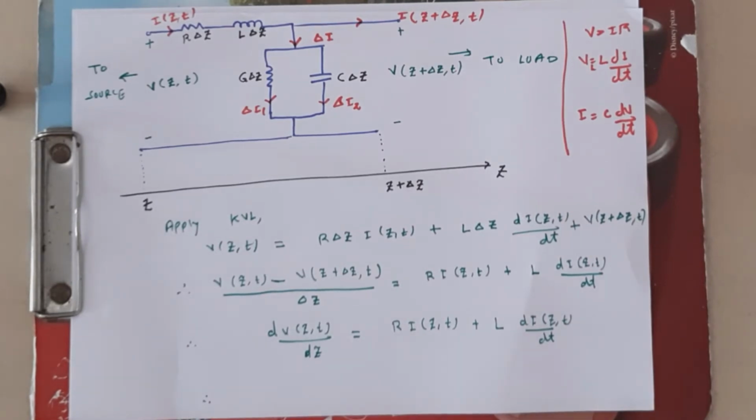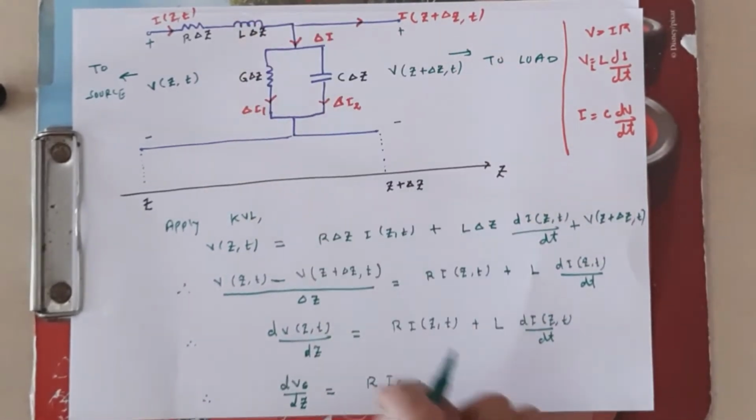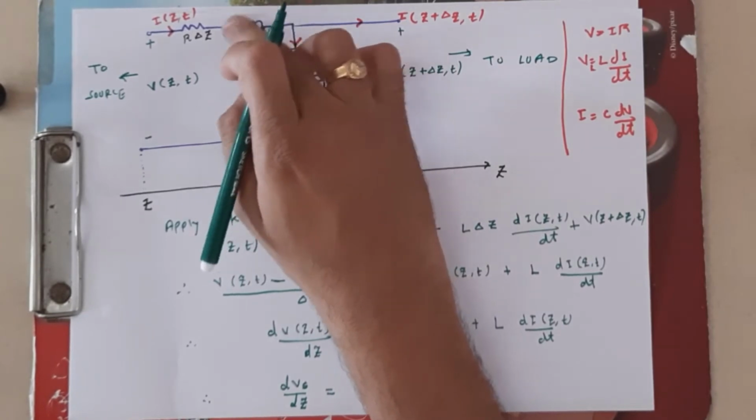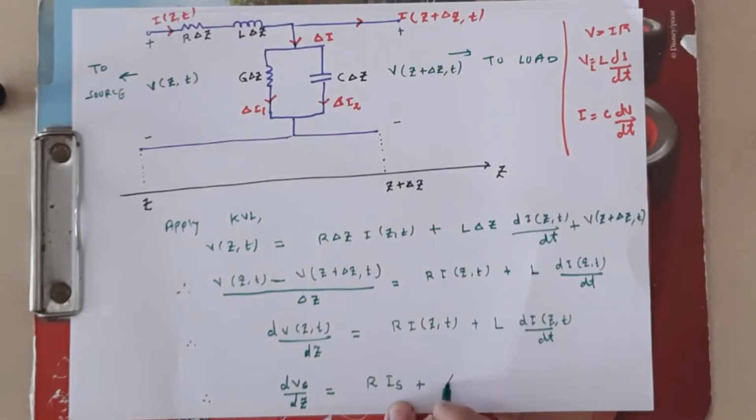There is no need to write z and t; you just write dV by dz. S indicates the source side: source voltage is equal to R I_S, the source current, plus, in phasor form, you have to consider the reactance, which is X_L, times I_S, because you have to write in phasor form.